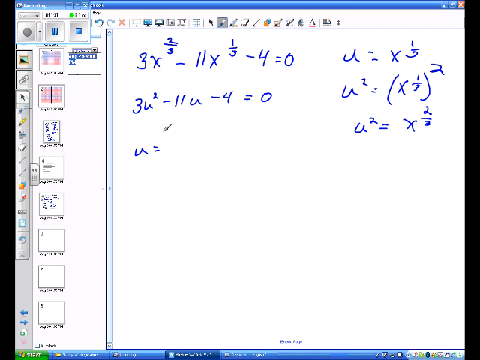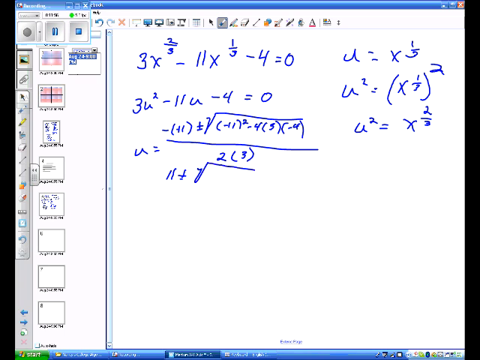So u is equal to the opposite of b plus or minus the square root of b squared minus 4 times a times c all over 2a, which would be a positive 11 plus or minus the square root of 121 plus 12 times 4 is 48, over 6, which is 11 plus or minus the square root of 169 over 6.